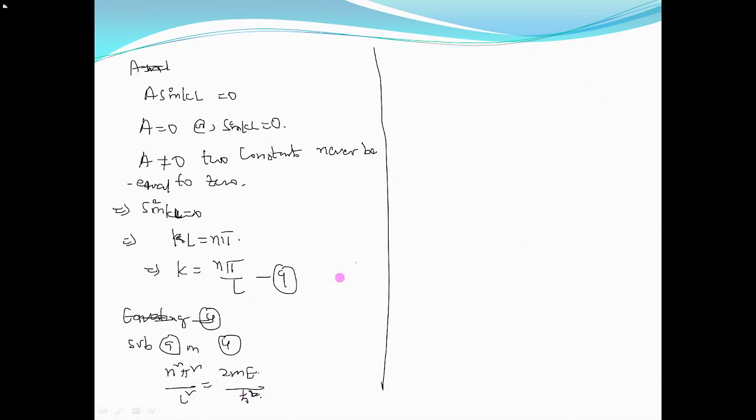All E this side, all other terms to that side. So what happens? E is equal to n square pi square h cross square divided by 2m L square.